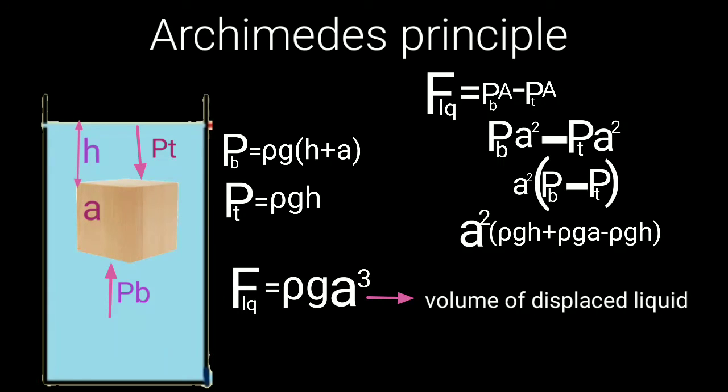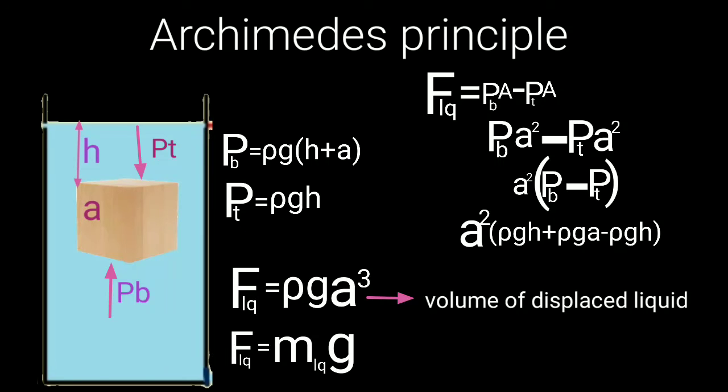And here rho is the density of the fluid and g is the acceleration due to gravity. We know that density into volume is equal to mass. So force due to liquid is equal to mass of liquid into gravity. We know that mass into gravity is equal to weight.